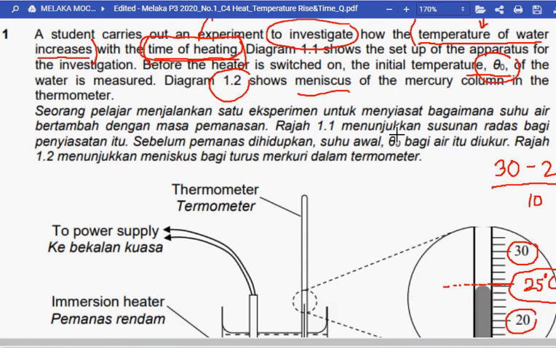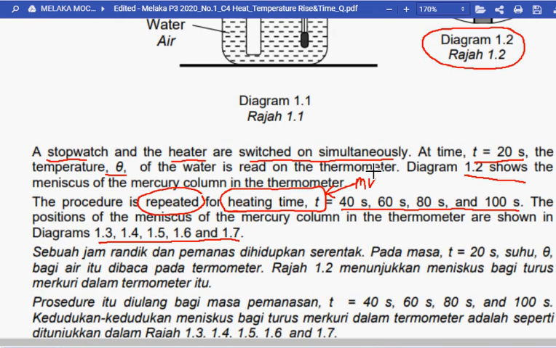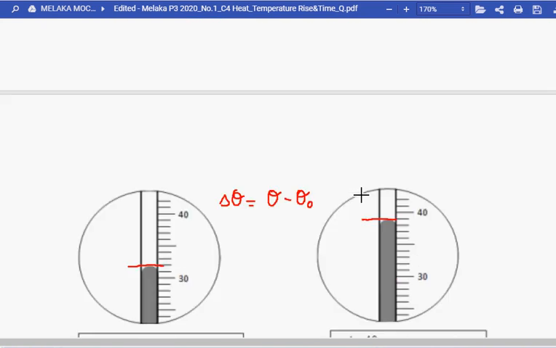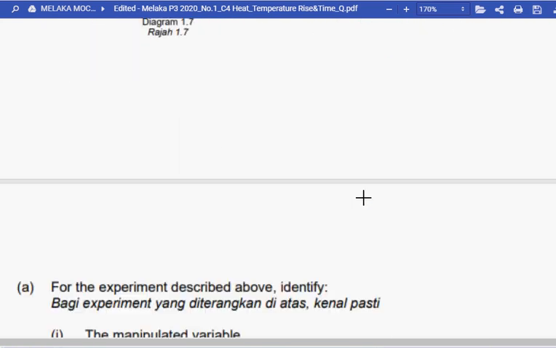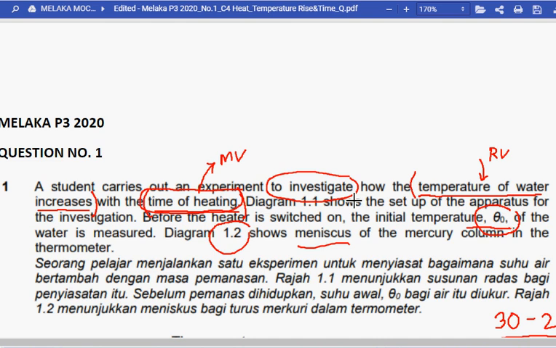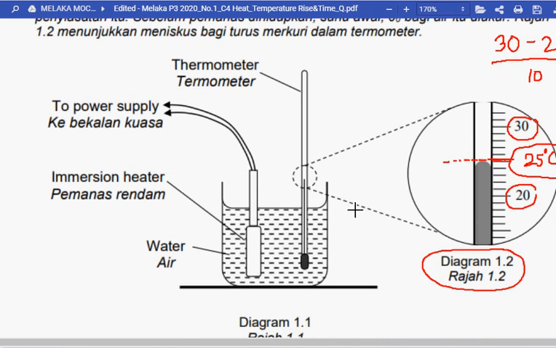So far I don't see any word saying that anything is fixed. No, they did not say anything. But from this diagram, we know that the experiment is using water and then the immersion heater that is connected to the power supply and then the thermometer.